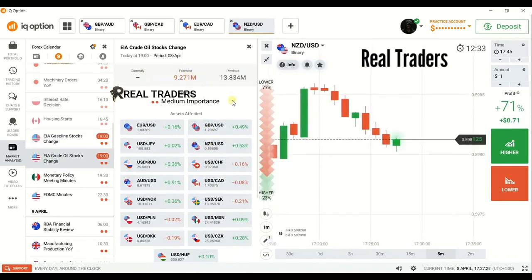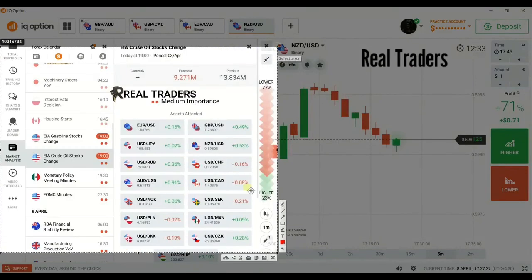But sometimes here you have a news in the Euro, and it's showing us the price will increase or decrease, so it will affect the market also.